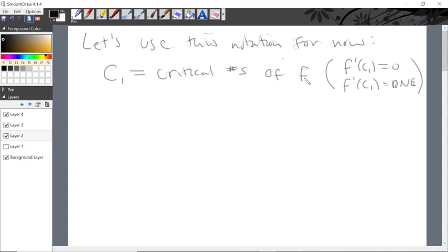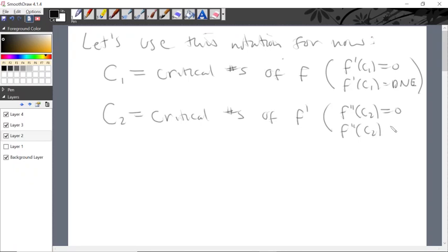So f would have points where the tangent line's horizontal, or you can't find the derivative, but it's still a point on the curve. And let C2 represent the critical numbers of f prime. That would be where the derivative of the first derivative, that is f double prime, is equal to 0 or f double prime does not exist. So these are the critical numbers of f prime. That means we are using the second derivative.